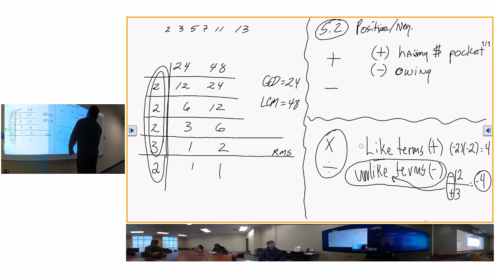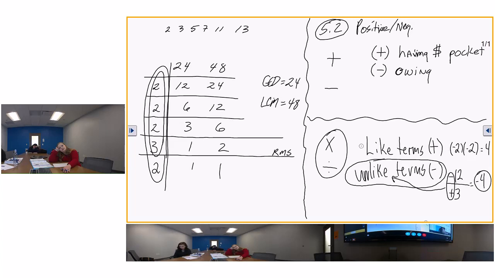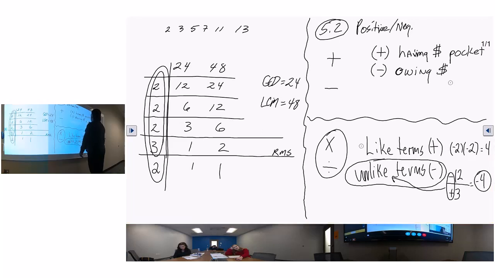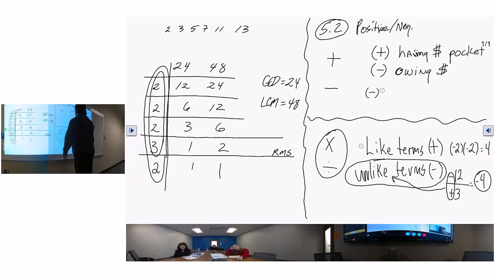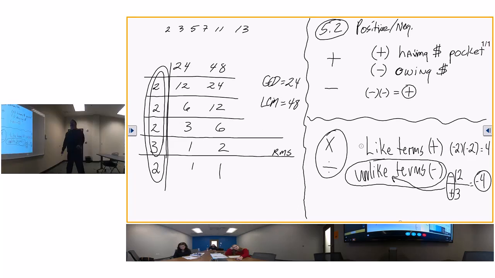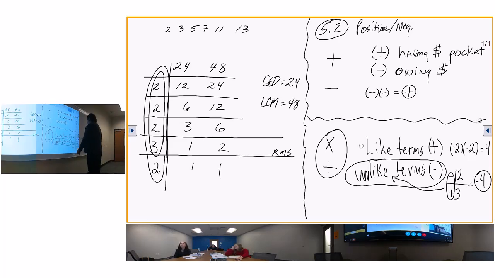It's just O-W-I-N-G, I think. That don't look right, but owing money. And then remember this. Two negatives side by side make a what? A positive. Those are the three rules that you have to remember with adding and subtracting negatives and positives. Okay? So let's take a look at them.